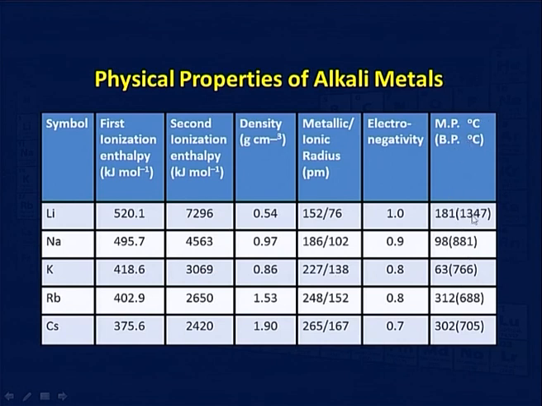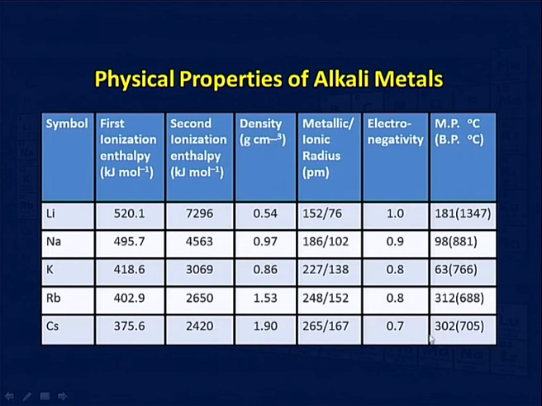And you can see this boiling point also, they follow this trend, they keep on increasing down the group. It should decrease in fact down the group, because lithium is small and the metallic bonding will be stronger in this case, and as we go down the group there should be a decrease in melting and boiling point of the metal.